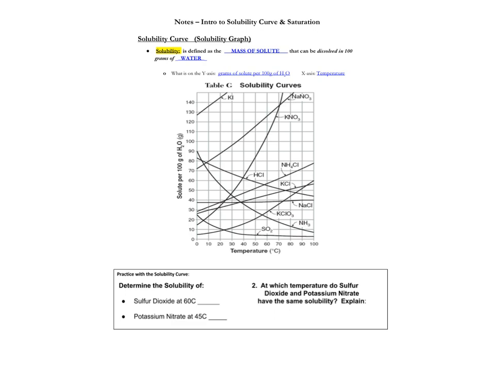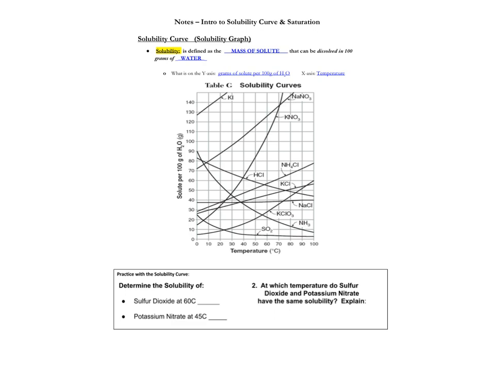So one of the things that you should know or see already here is that on the y-axis you have the grams of solute per 100 grams of water. Okay, so that's kind of important. And then down here on the x-axis you're measuring temperature.